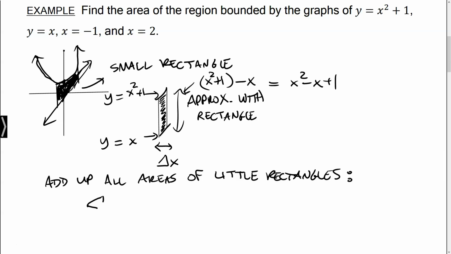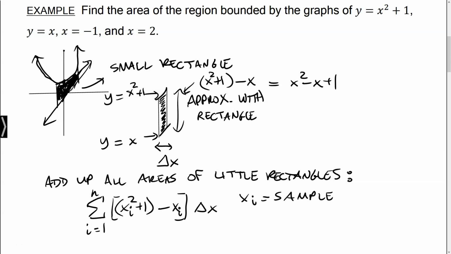So it would be a sum, say, from i equals 1 to n of x squared plus 1 minus x, delta x. So these would be xi, where the xi's are sample points.